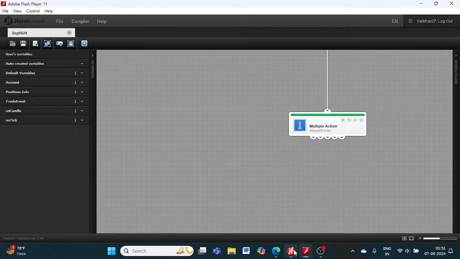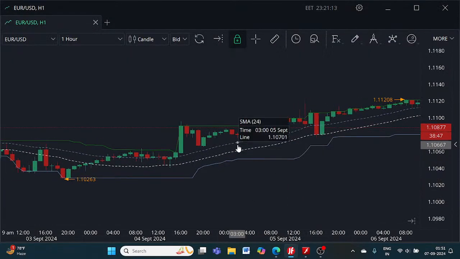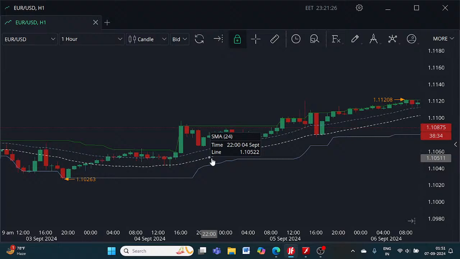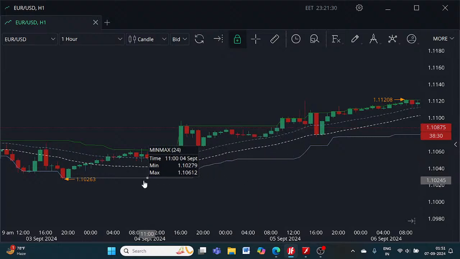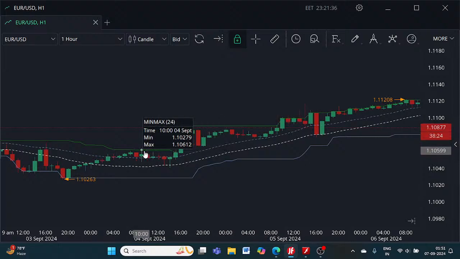Okay, now let me again explain to you the logic behind it. For the execution of the buy trade, the SMA of the high price should be higher than the SMA of the high price 6 hours back. The SMA of the low price should be higher than the SMA of the low price 6 hours back. The current minimum should be higher than the minimum 24 hours back. The current maximum should be higher than the maximum 24 hours back.